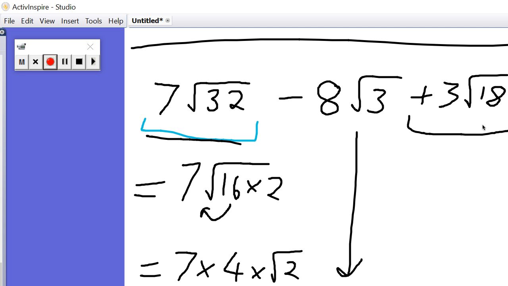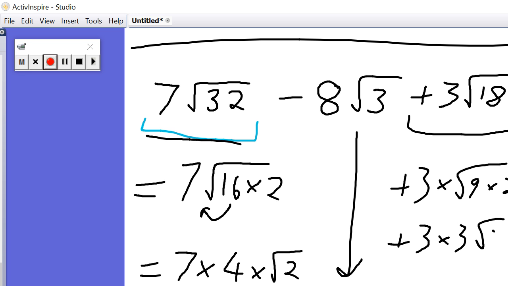So I could write that as plus 3 lots of root 9 times 2, which is plus 3 lots of 3 root 2, because that 9 comes out, and as it comes out of the radical, it becomes a 3. I've got 3 times 3 times root 2. So 3 times 3 is 9. 9 lots of these root 2.